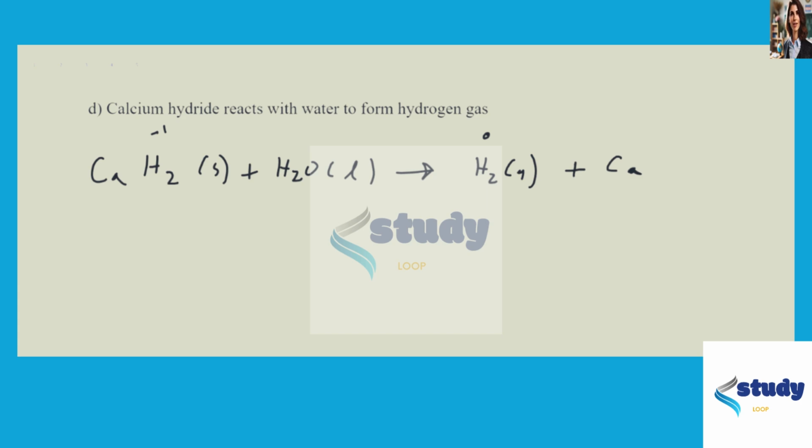And so what that's going to look like is as a hydroxide, so that we can still have calcium ions with a counter ion, but we still have our hydrogen in the +1 oxidation state.